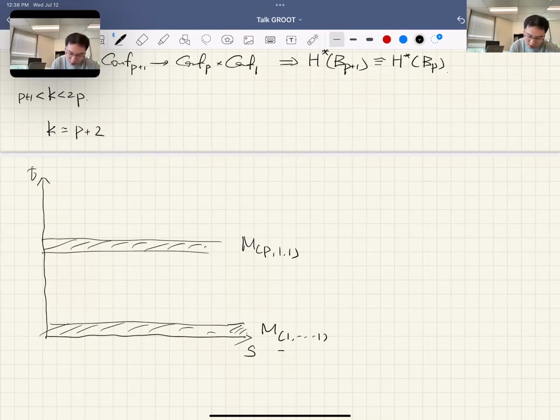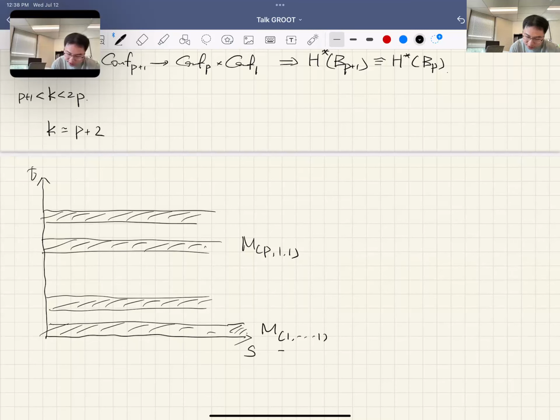And when n is even, on top of that, we have 2 more non-vanishing rows sitting on the top. This top row corresponds to m sub p2, and this bottom row corresponds to m sub 2 1, 1, 1.